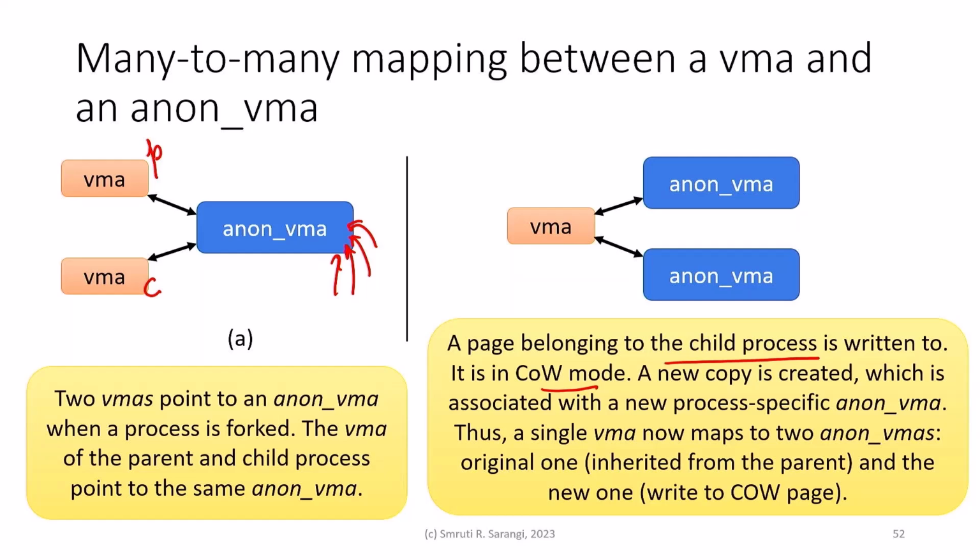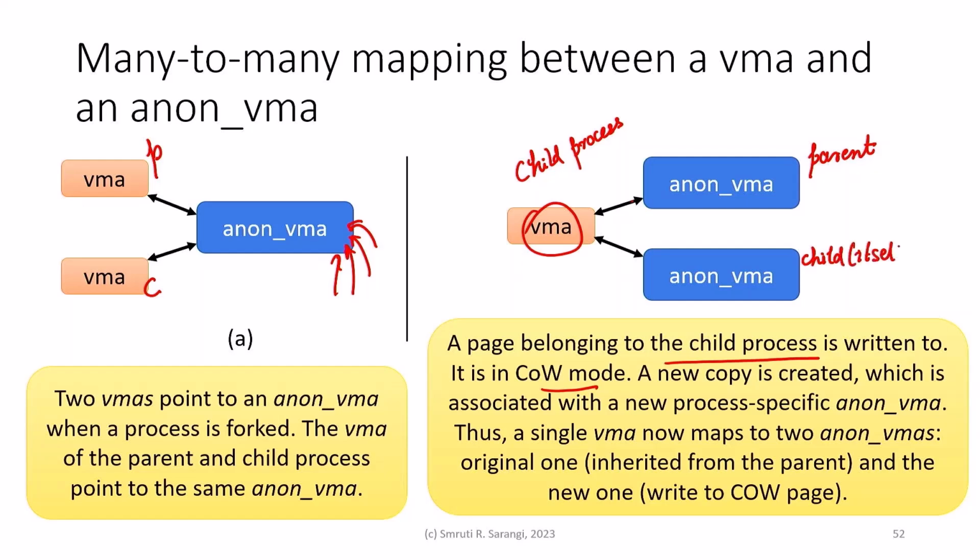So basically, if I look at a single process, let's say that this is a child process. The child process for a given virtual address region had one VMA. It is now associated with two Anon VMAs. It is associated with one Anon VMA, which is the Anon VMA of its parent. Correct? It is associated with one more Anon VMA, which is the Anon VMA of itself, which is the child.